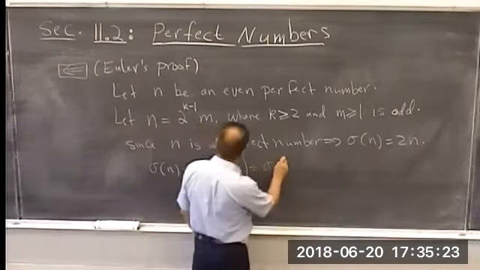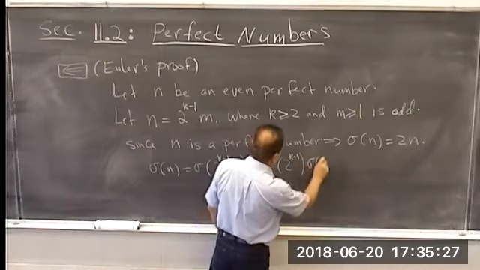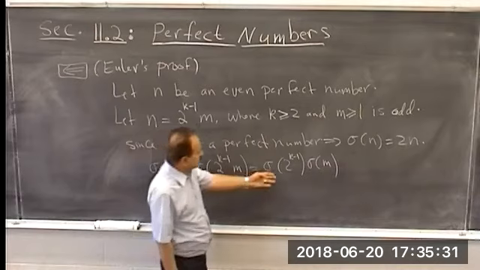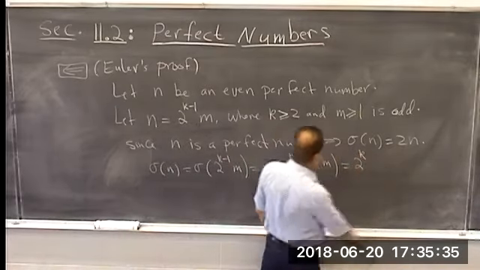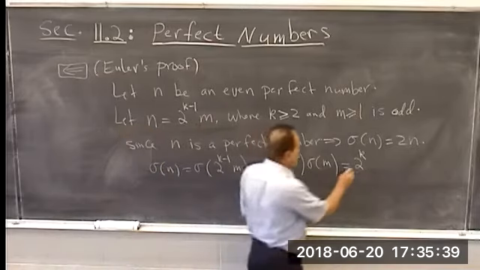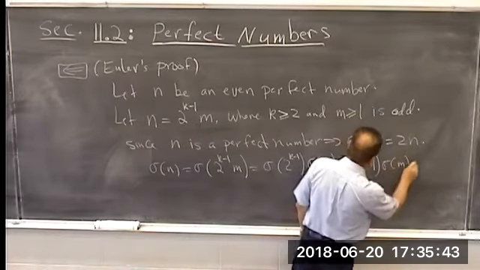So we get sigma of 2 to the k minus 1 multiplied by sigma of m. And we simplify this to become 2 to the k minus 1, like we did before, times sigma of m.